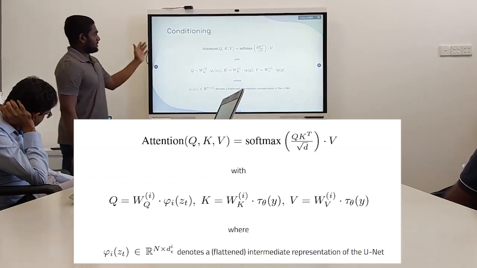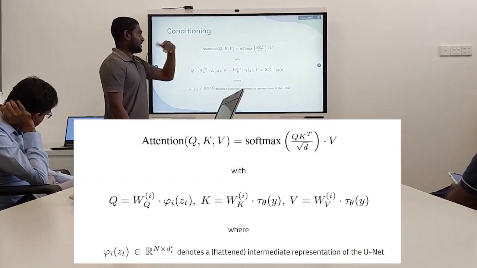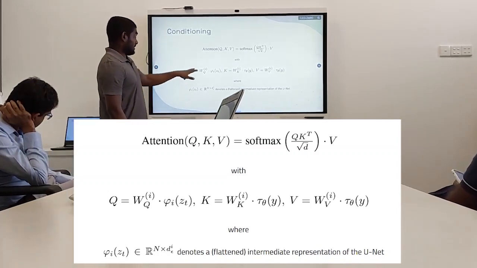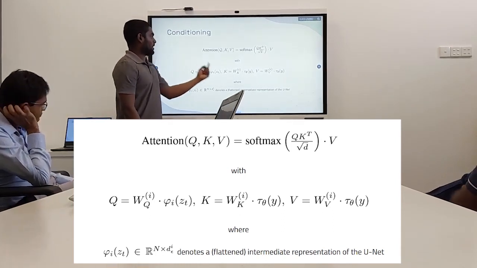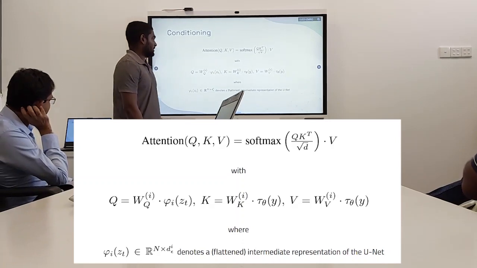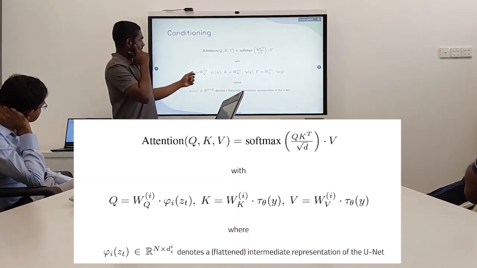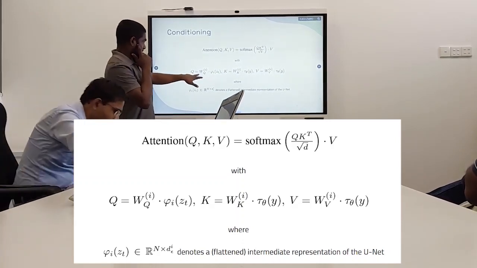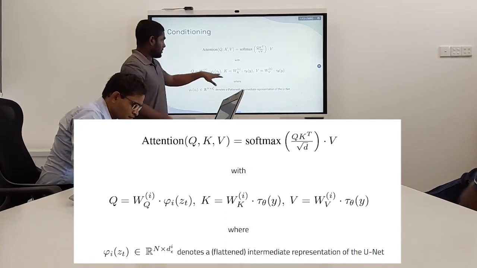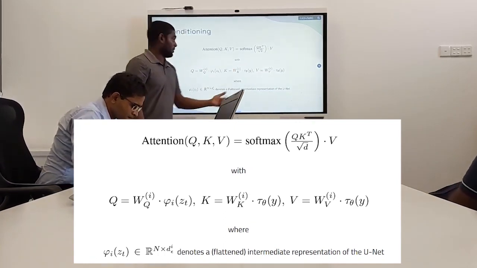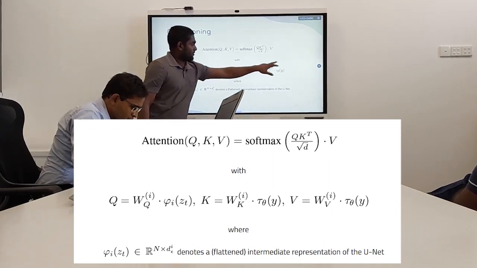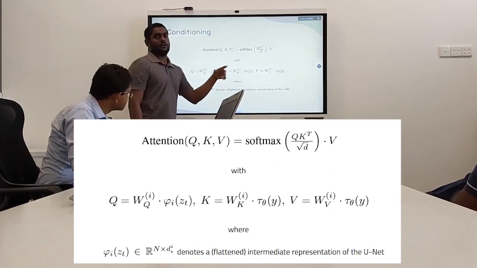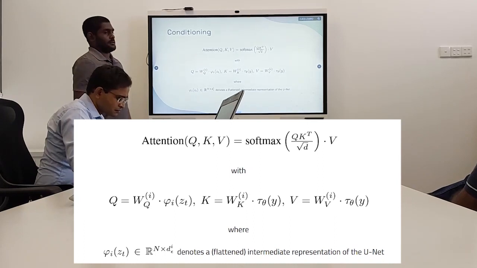We are using a usual attention head. However, the new thing here is how the Q, K, and V are calculated. We have these WQ, WK, and WV learnable parameters, and this tau theta of y is the output from the conditioning vector.